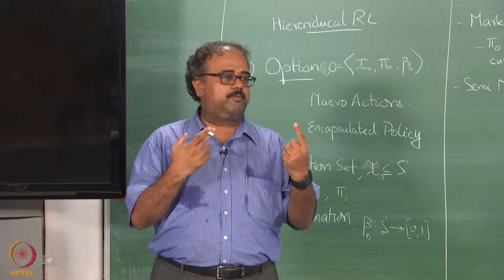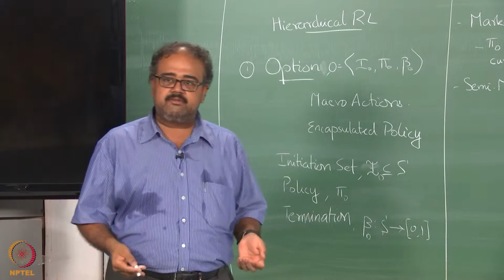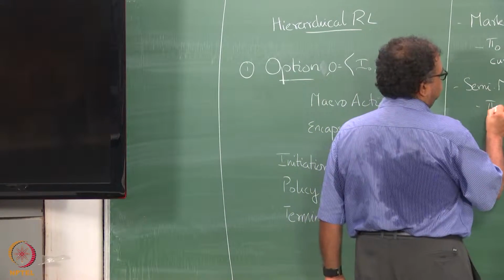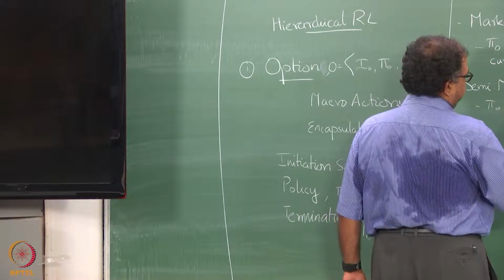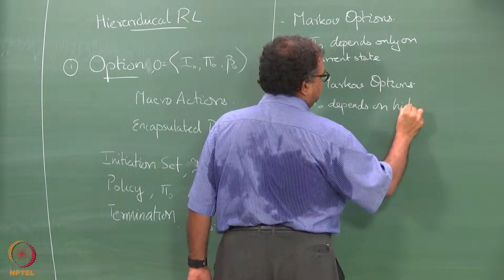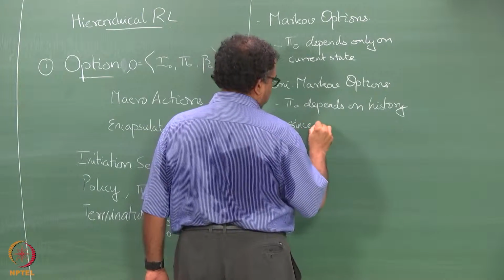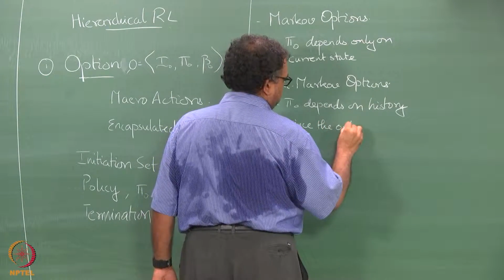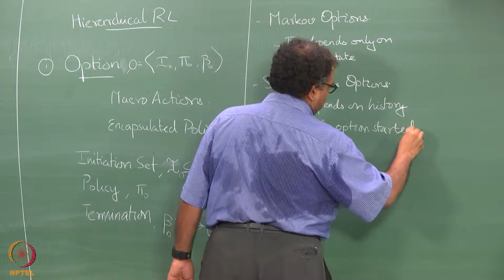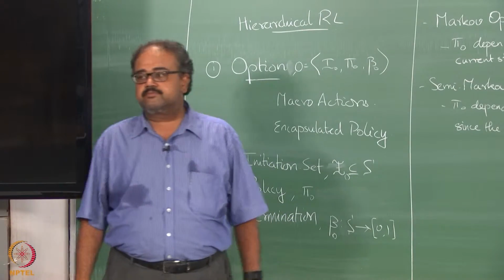When the holding time is in operation, you really do not know how the system is behaving. That is the reason we call it semi Markov. So in a semi Markov option, pi naught depends on history since the option started.